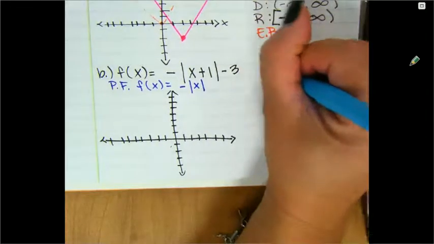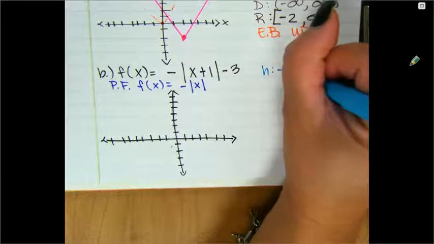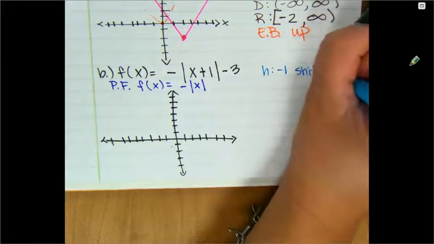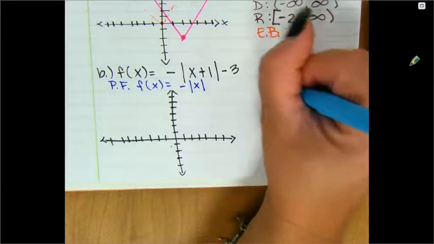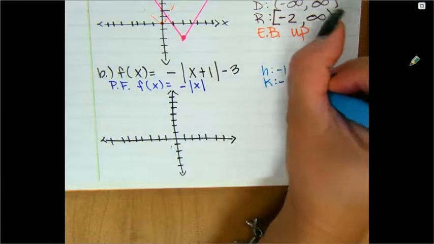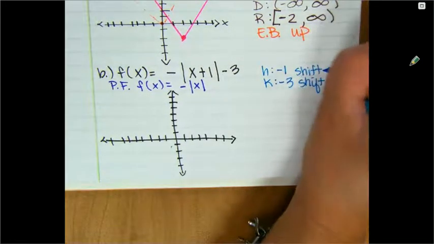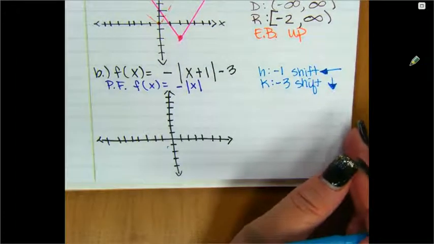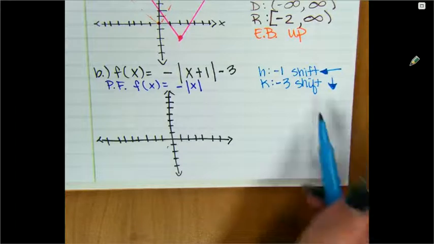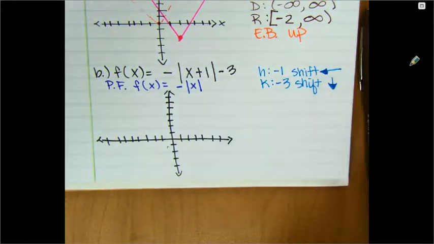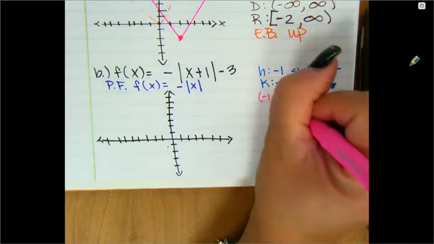So h is negative 1, which means you're going which way? Left, guys. K is the one that tells you the other part. K is what? Negative 3, which means you're shifting down. Okay. We good? You need to be careful here. Make sure h is negative 1 and k is negative 3. So if I wrote it as an ordered pair, it's negative 1, negative 3.